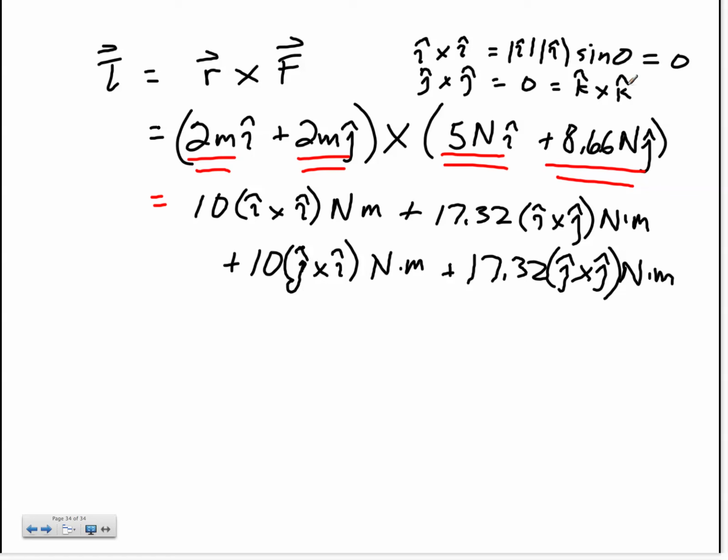And if it's the opposite, it's cosine. Well, that would be for the dot product. Right now we're working with the cross product because we are dealing with torque. So we only have 2 pieces that are left. And before we go any further, what is I cross J?